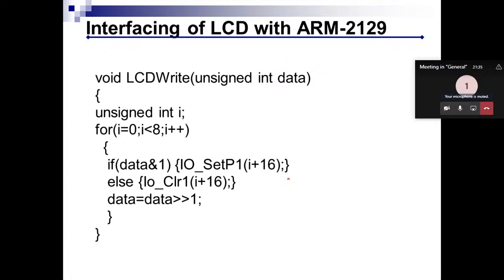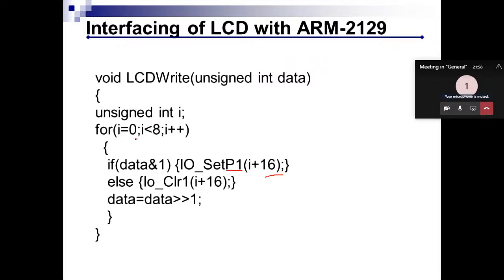I am assuming that I am using port P1 to drive the data lines of the LCD, and I am not using P1.0 to P1.7, but P1.16 to P1.23 to interface the LCD. That's why 16 is added here.